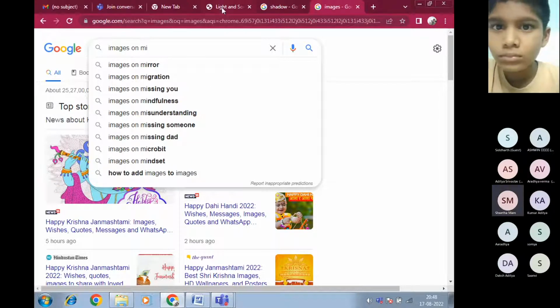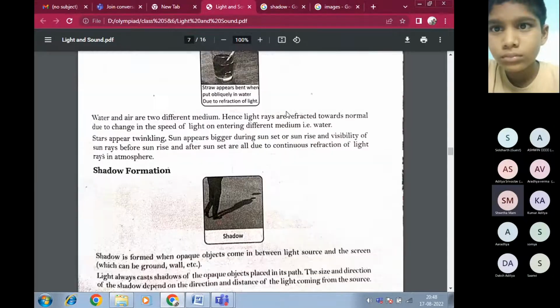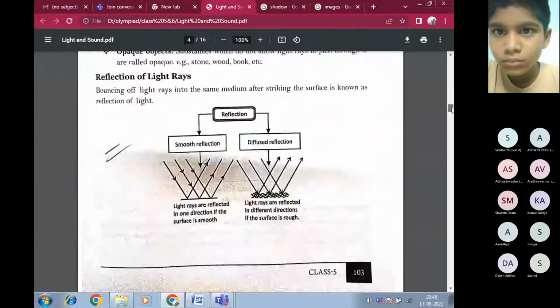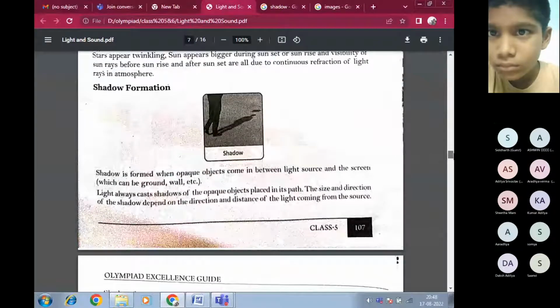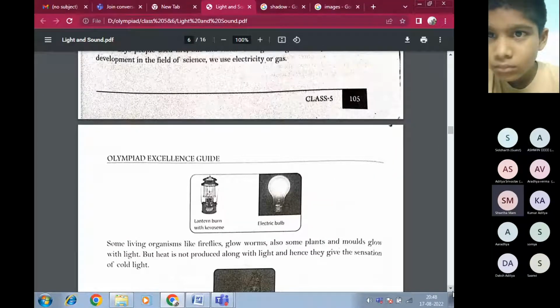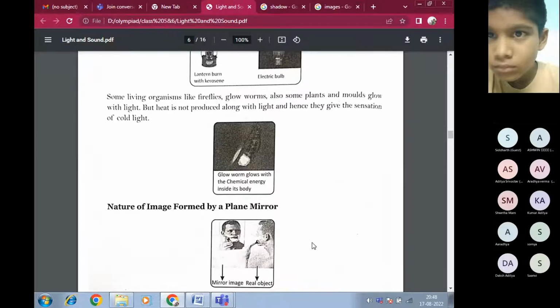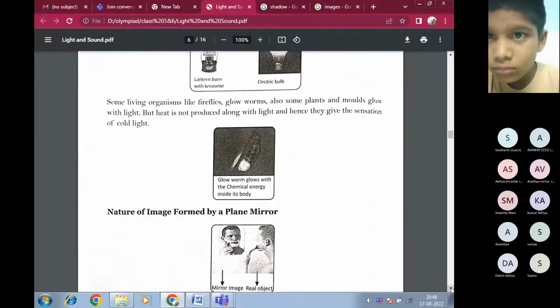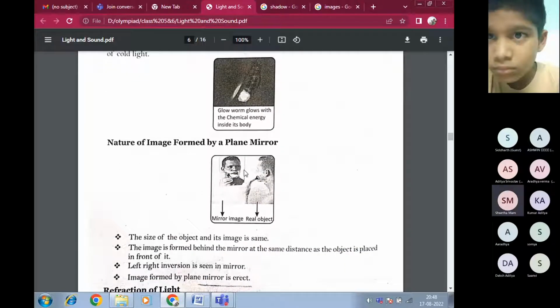Okay, I'll show this, wait, don't worry. So here you saw in the mirror, no? So here if you see this image, mirror image or image you can see.